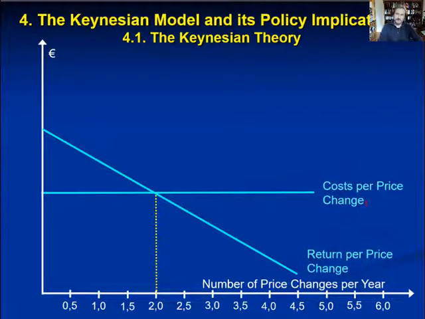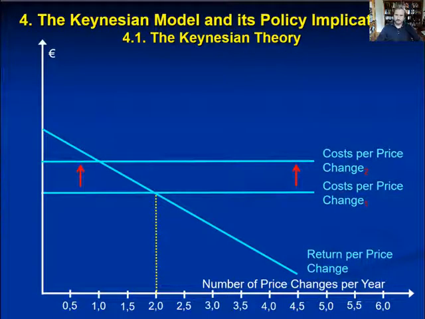Now we can use this diagram to analyze what happens if the costs per price change grow, for example, by this amount. As the new intersection point shows, the optimal number of price changes per year falls when the costs per price change grow.